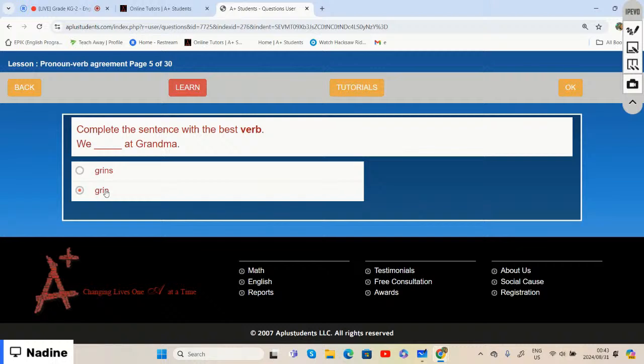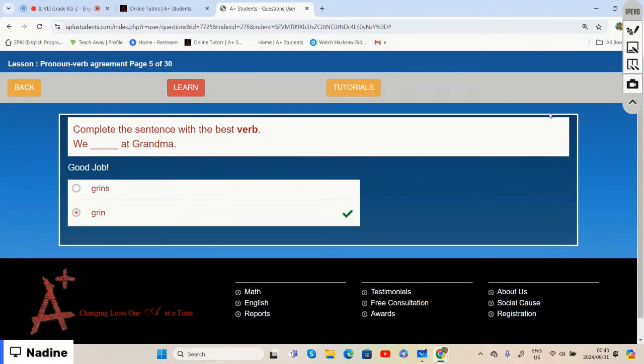If we choose the correct option, we say we grin at grandma. Grin is correct.